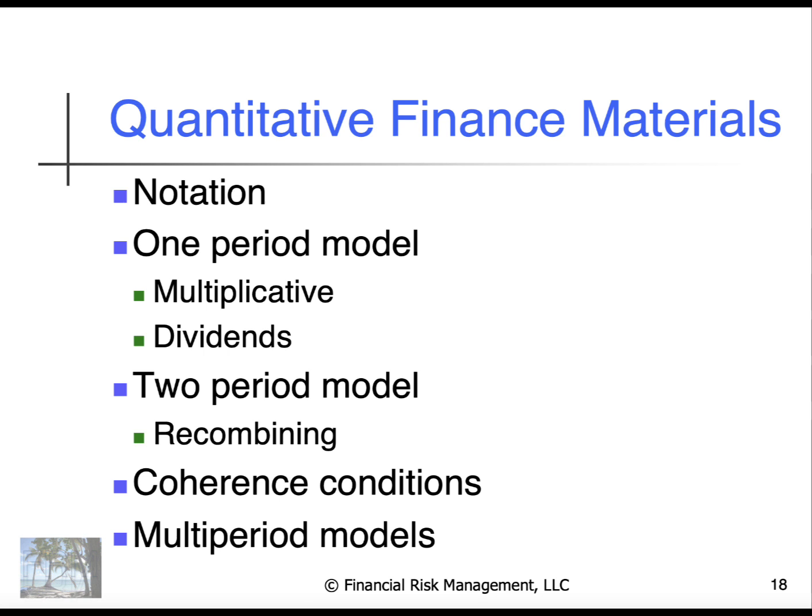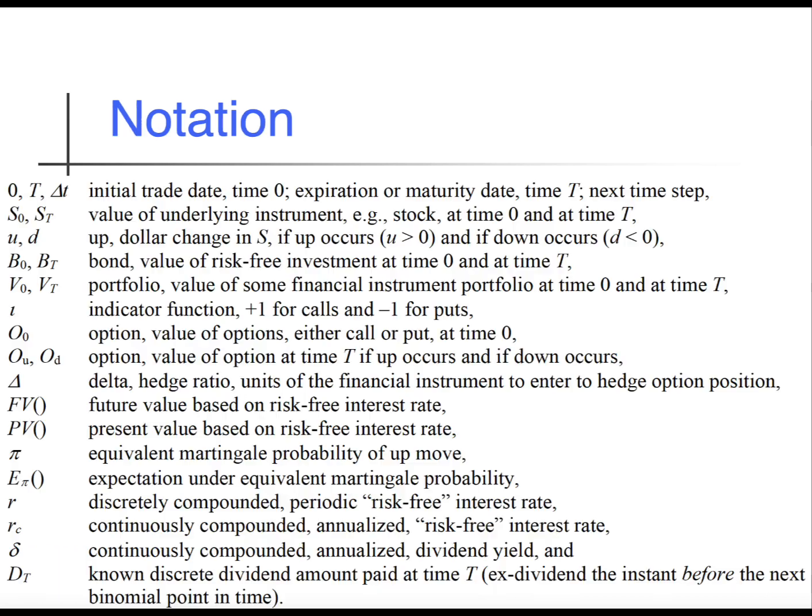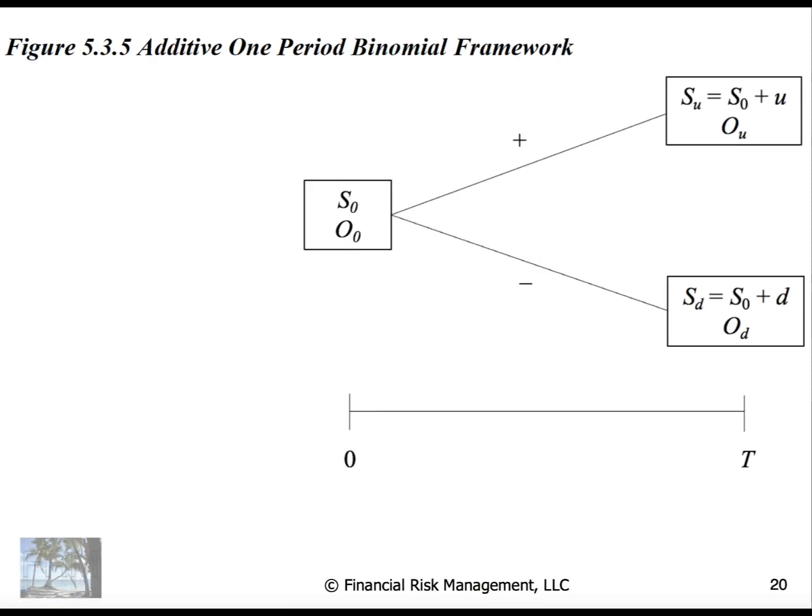If we turn to the quantitative material, just to introduce the thinking within the arithmetic Brownian motion, we're going to again introduce notation, focus on the 1 and 2 period models, introduce the coherence conditions, and then provide the results for multi-period models. And so the notation here is identical to the prior case of the geometric Brownian motion, so I'm not going to take the time to go over it.